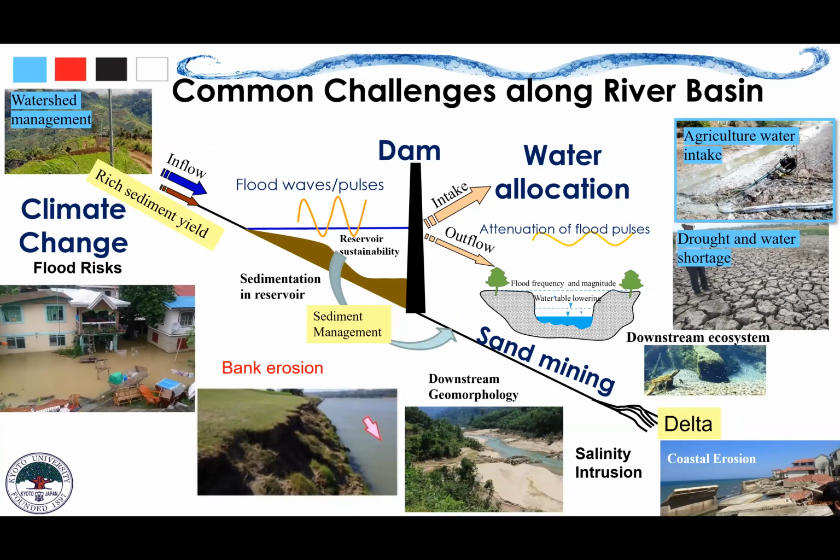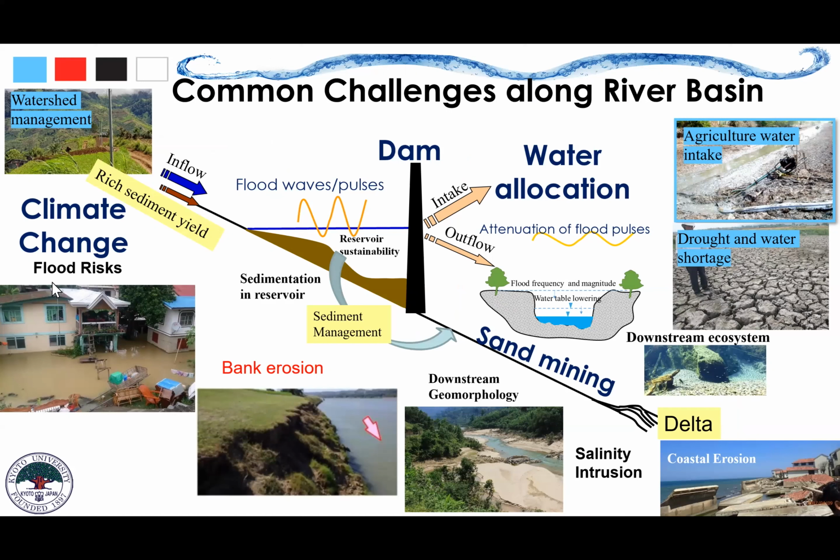So to summarize, this is a common challenge along the river basin, starting from the mountain area, where high rainfall generates high sediment inflow, and the water with the sediment comes along the river.